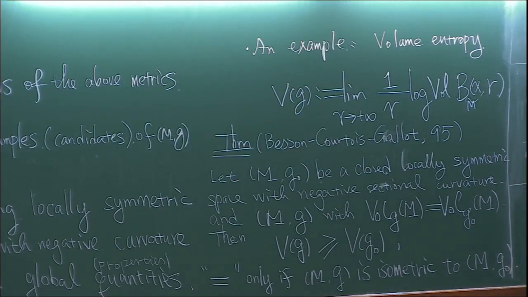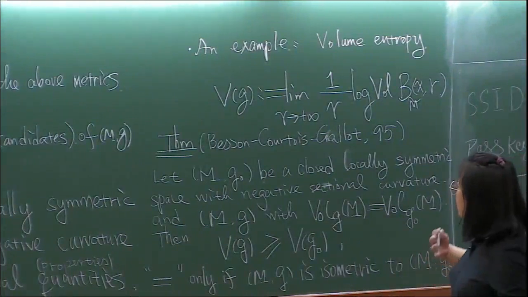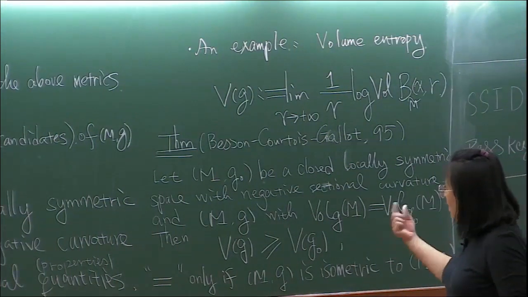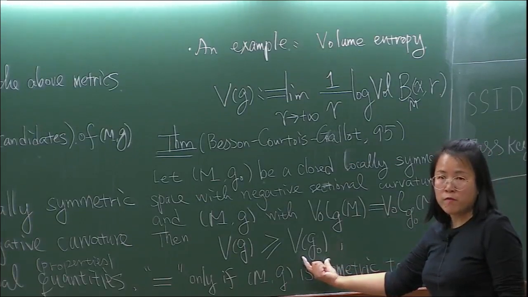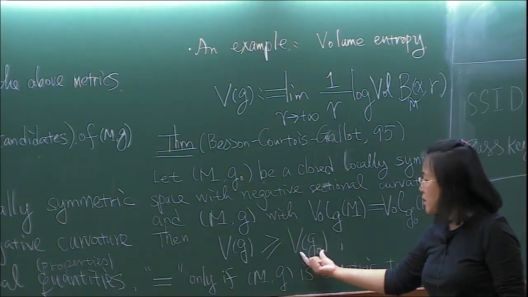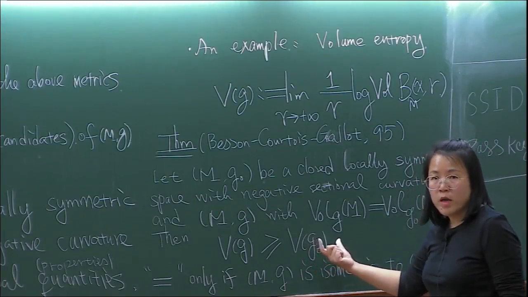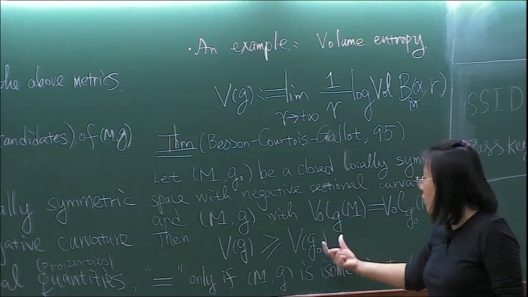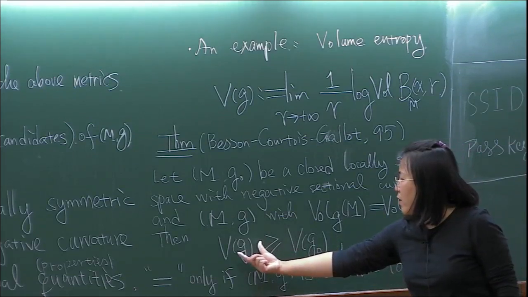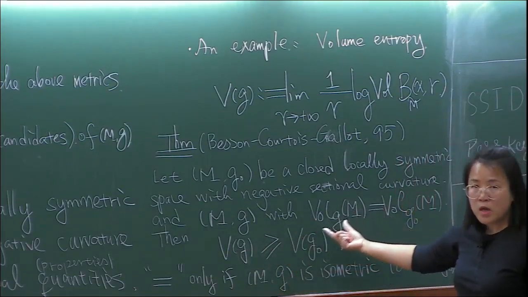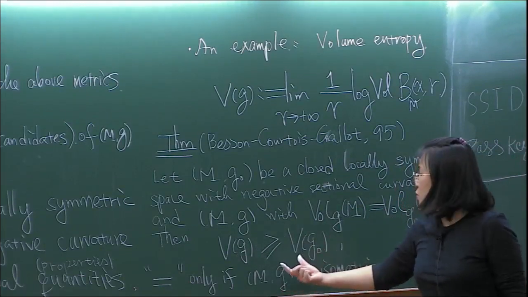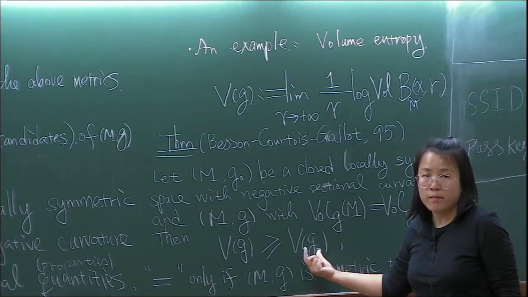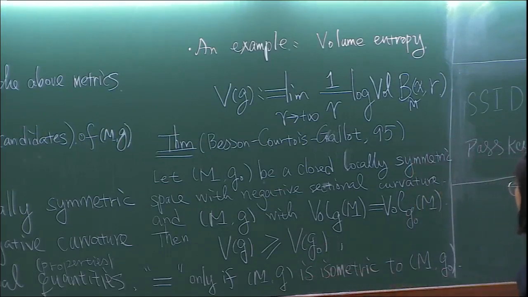So that means a locally symmetric negatively curved space has some kind of very strong rigidity. They will have the smallest volume entropy. If you have another metric with the same volume of the whole space, this volume entropy has to be bigger than or equal to this one. And if it's equal, then these two metrics are isometric. But they proved it for when the dimension of M is bigger than 2.